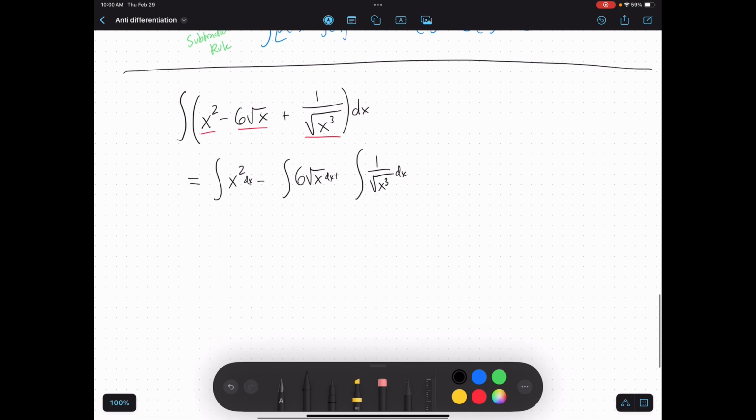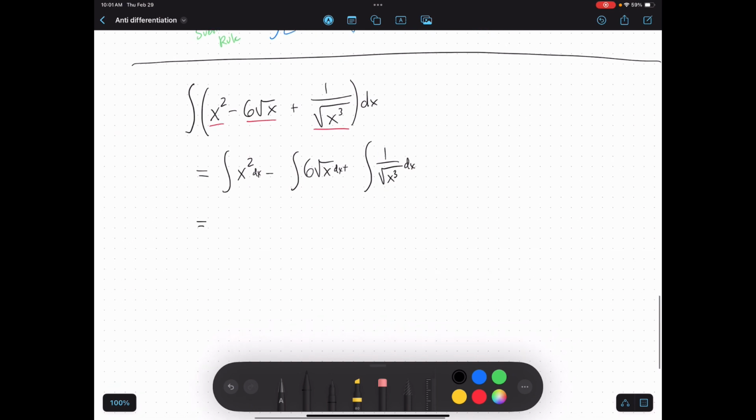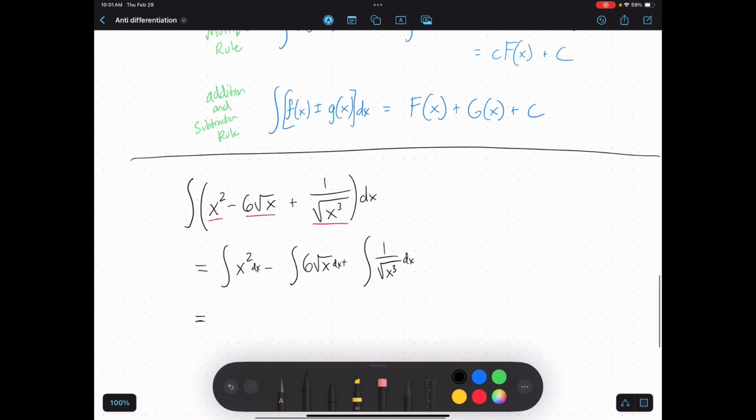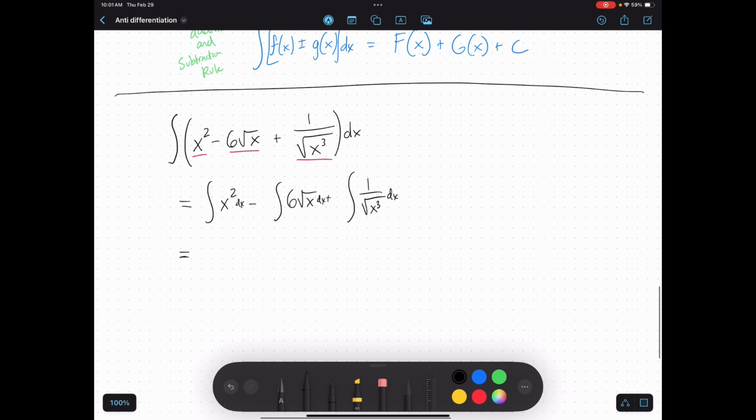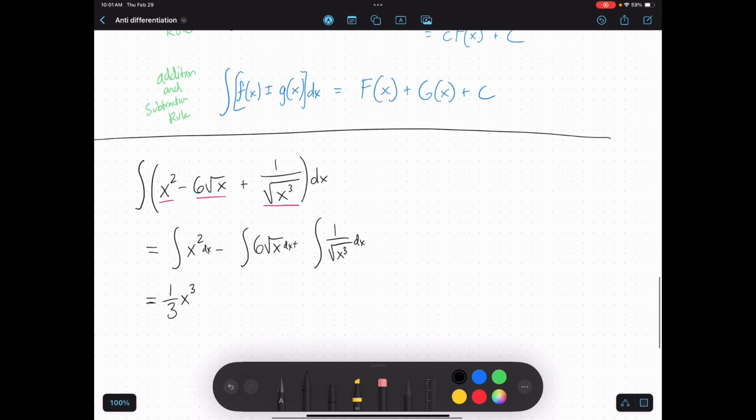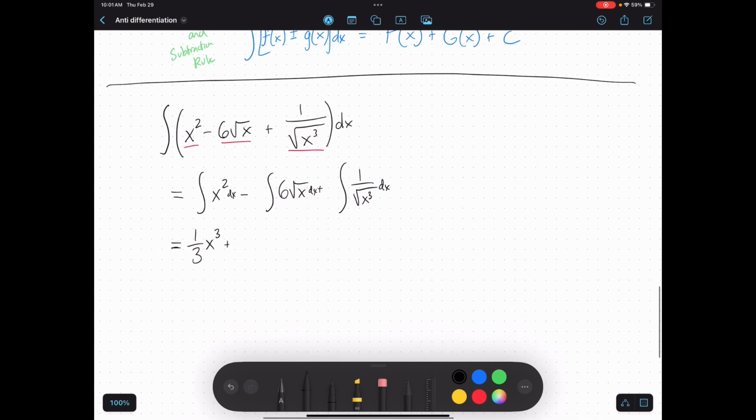Okay, well, x squared is a nice, simple enough one, right? That's just using my power rule for antiderivatives, and I get 1/3 x cubed. We've already looked at this example. And just to highlight what I was saying earlier, let me go ahead and put a c here, and I'm going to label it c1 because it's my constant for my first function.